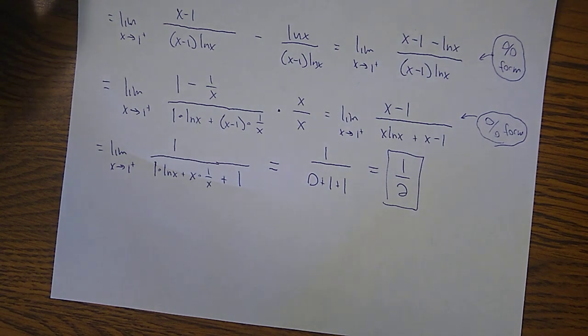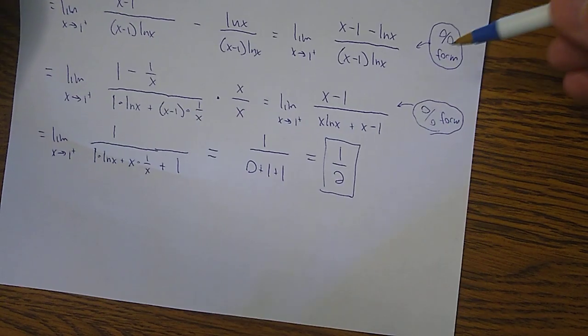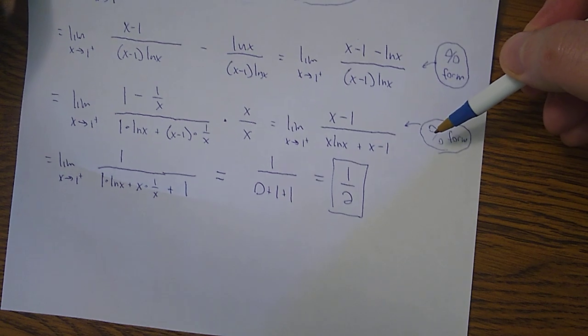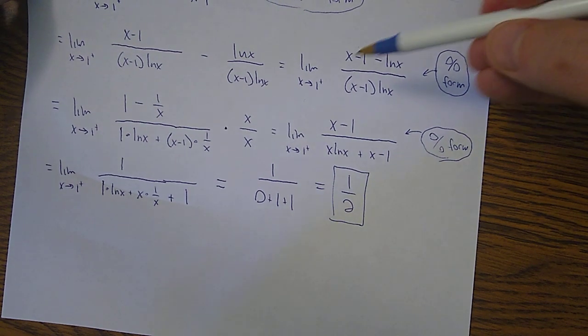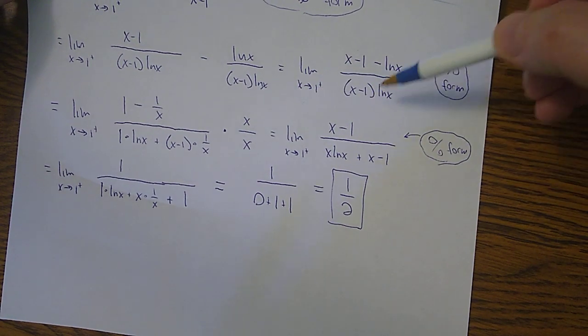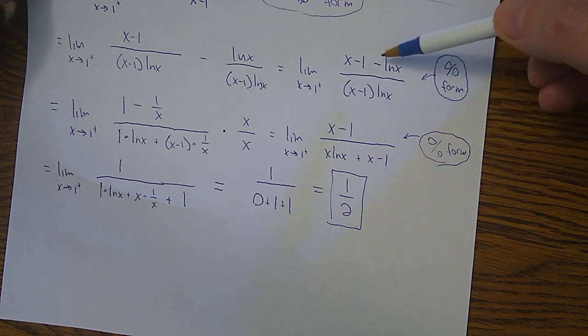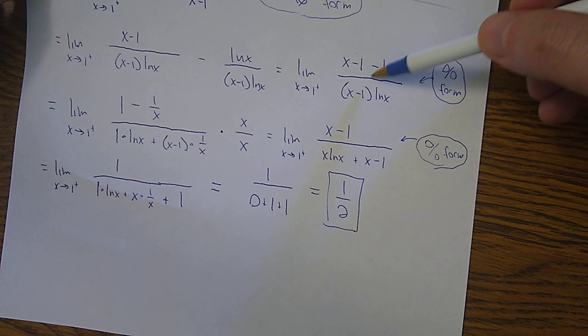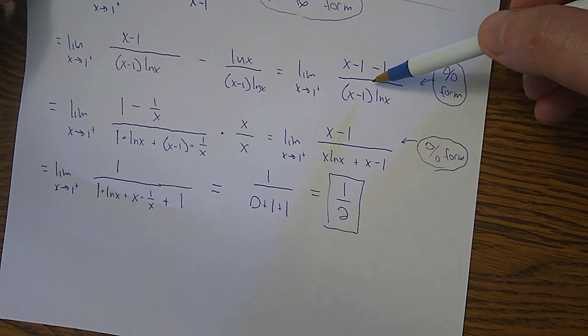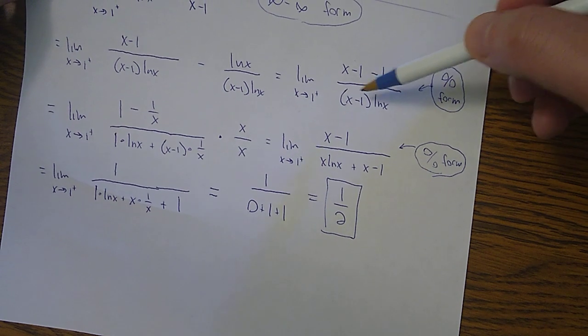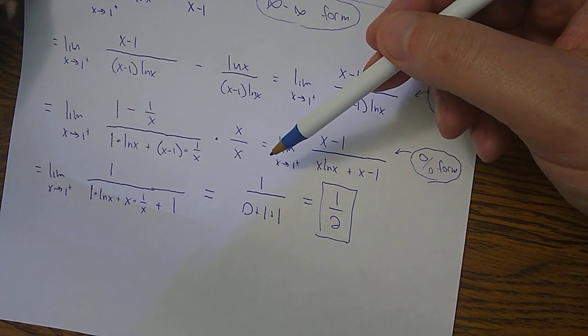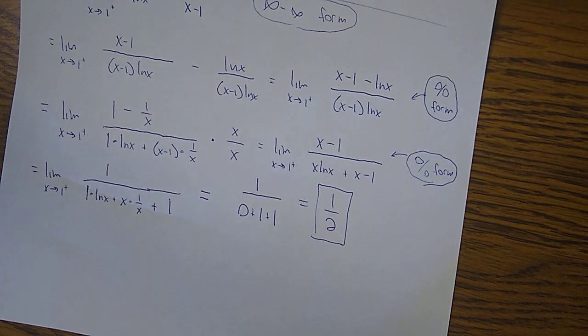So yeah, one moral of that story is don't be afraid to use L'Hopital's rule multiple times. You might use L'Hopital's rule once, and that changes the derivative to something else, but then you try to work with that and you realize that it's still 0 over 0. You can use L'Hopital's rule again, and sometimes you actually end up using L'Hopital's rule several times.